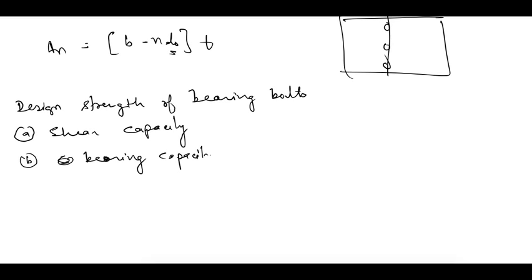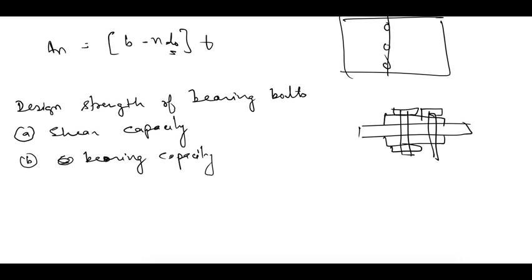How this works: if this is the joint, then on this surface and on this surface the shear stresses will be applied, and the bolt has some shear resistance, that will be its shear capacity. And on this vertical surface of the bolt it has some bearing capacity. So the minimum of the two governs the design strength of the bearing bolts.